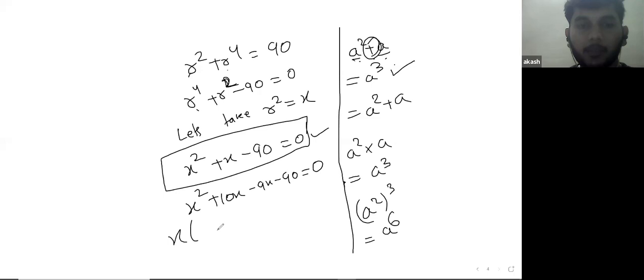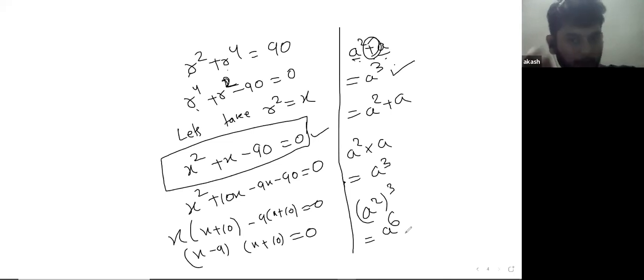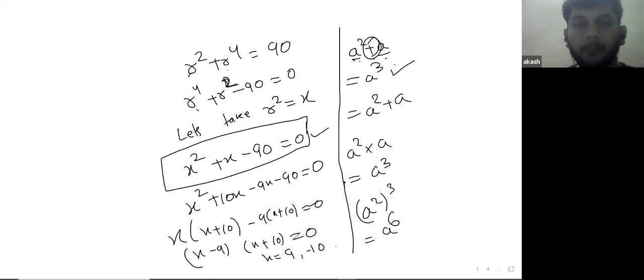Okay, so taking x common here, x plus 10 minus 9, x plus 10. So x minus 9 into x plus 10 equals 0. Let's write this down so that I can turn the slide. So we have values x equals 9 and minus 10, right?